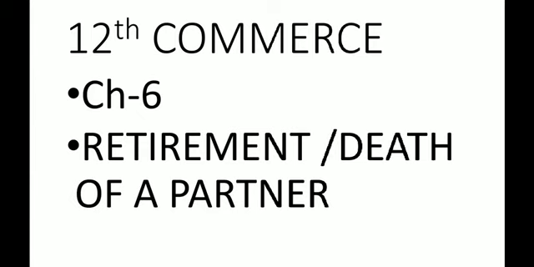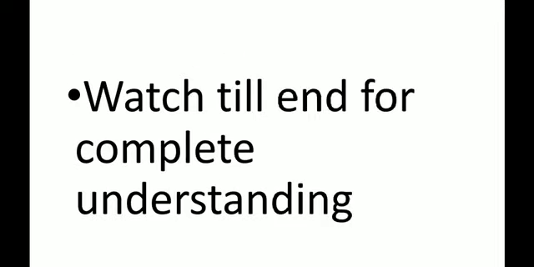That is, what changes take place in the partnership firm due to the death of a partner. Yes, this is our topic for today. So far we haven't learned about this topic, and this is the first time we are going to deal with the sums of death of a partner. You should watch this lecture till the end for complete understanding.